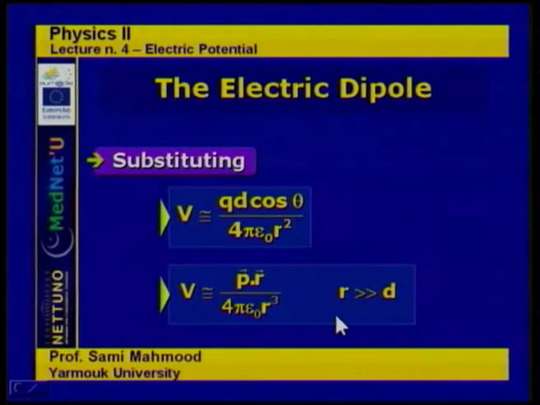It's like P dot R over 4 pi epsilon naught R cubed.